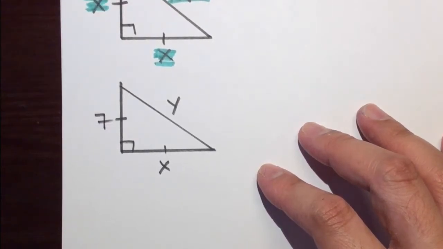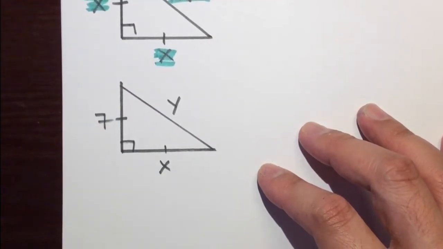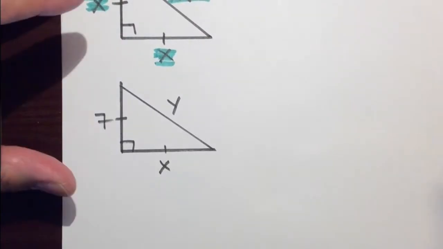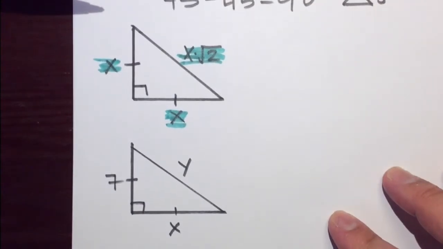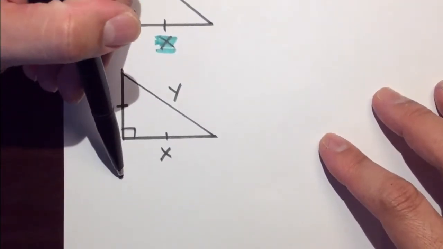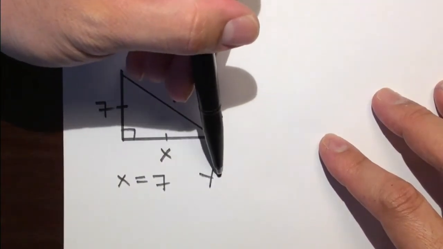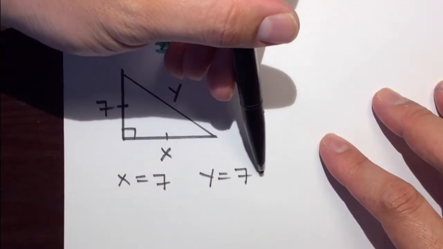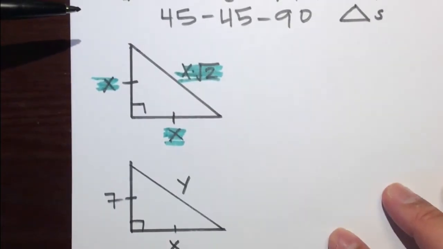Okay, press pause, and then on your papers, tell me what x and y are. Should only take you like 2 seconds based off of this nice pattern right here. Okay, so x is equal to 7 because it's isosceles, and y is equal to 7 radical 2 because of the pattern.